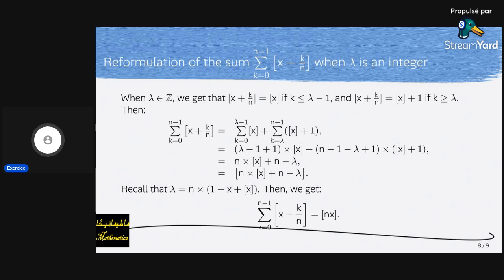They are all integers, so we can write it in the floor function. Recall that lambda is equal to this expression. We replace it and we get exactly this condition. So we have finished and we have solved our exercise.